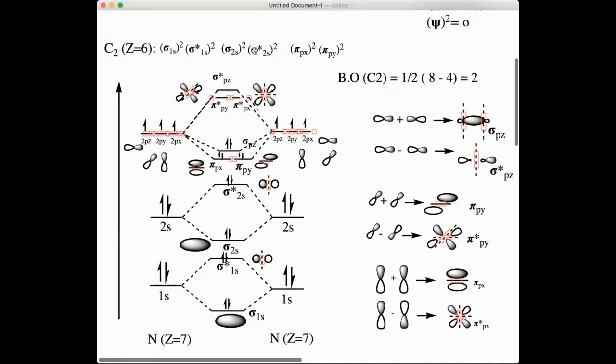Now we have pi px2, pi py2, and finally we'll have sigma pz2. So that would be the electronic configuration for the molecule of N2.